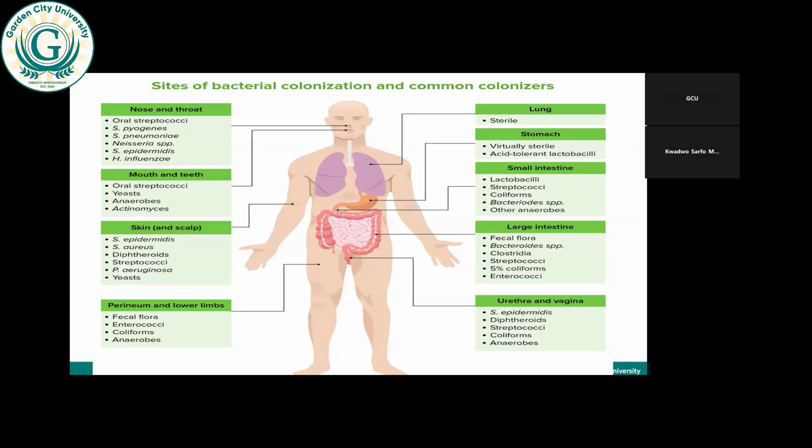Unless the immune system is compromised. So for some, like the HIV patients or clients, for those organisms in those sites, they could not be normal flora anymore because the immune system is now compromised. They cannot contain them as they used to be. Certain conditions or certain medications could also make these normal flora behave abnormally.